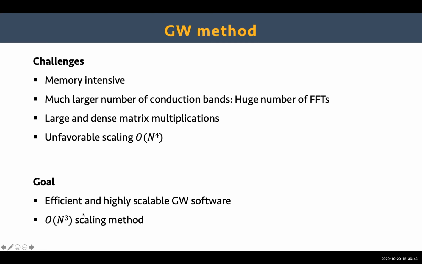So what we want from here is an efficient and scalable GW software, and hopefully get it to N-cube scaling so that we can work with much larger systems, which were previously inaccessible to the GW method.